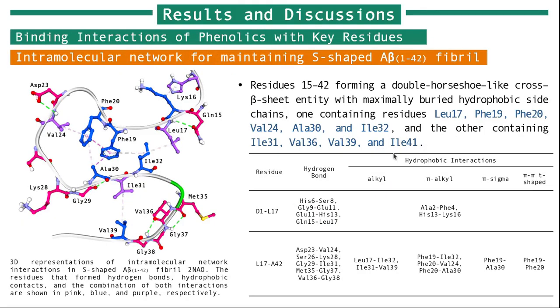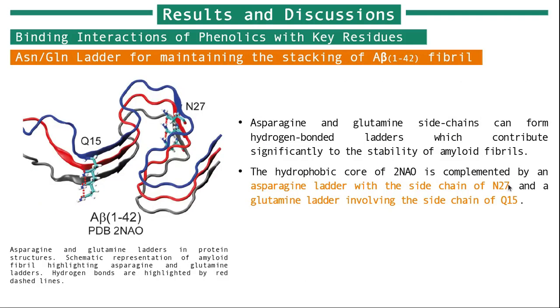Here are the key residues that are important and involved in the intramolecular network for maintaining the S-shaped AB42 fibril. The network consists of hydrogen bonds and hydrophobic interactions, composed of alkyl, pi-sigma, and pi T-shaped. Besides the intramolecular network, the ASN and GLN ladders are also important for maintaining the stacking of the AB42 fibril.